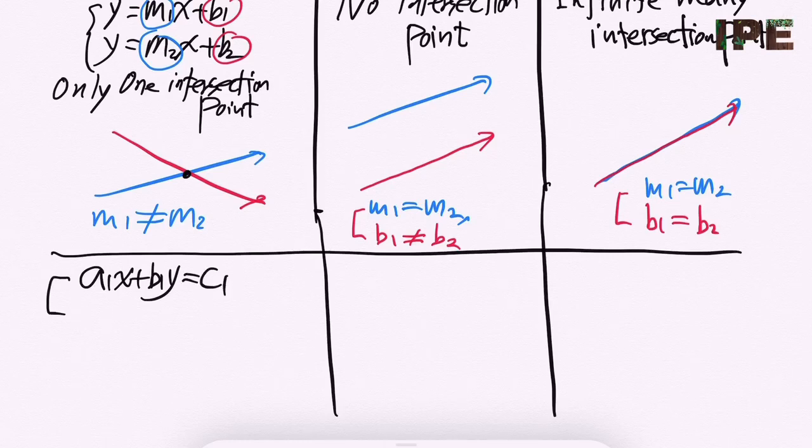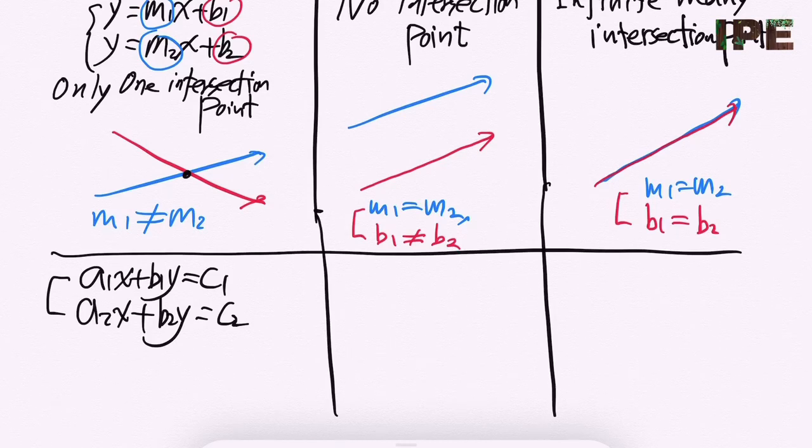Another one is a2x plus b2y equals c2. If this system of equations has only one intersection point, only one solution, I just said that they have different slopes. So you have to change forms from standard form to slope-intercept form to compare slopes.